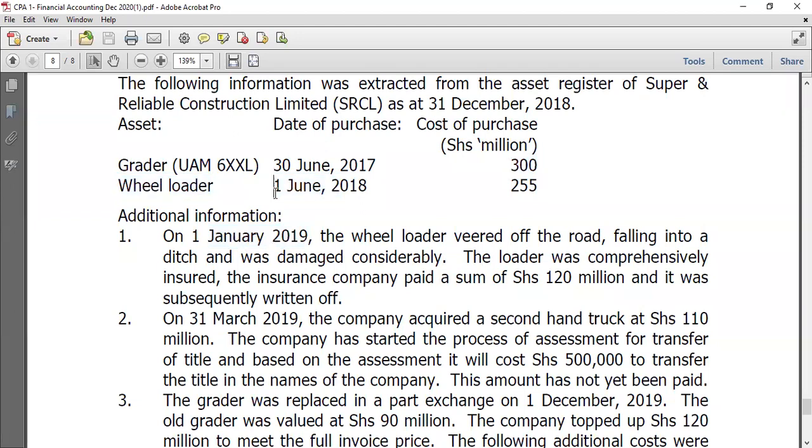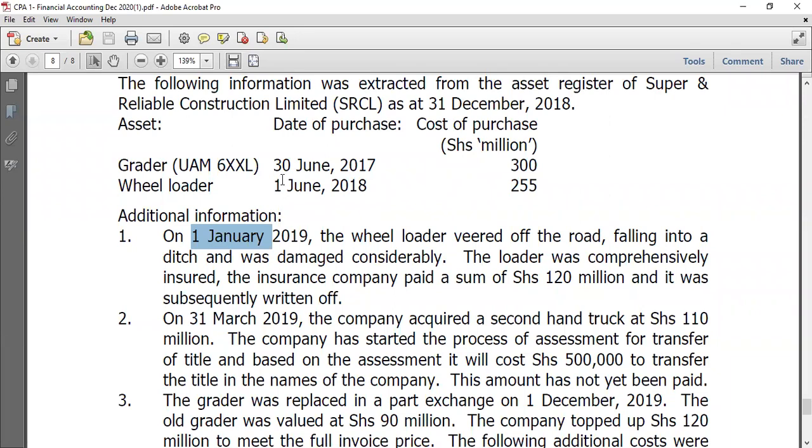Remember, it was bought on 1st June 2018, and the financial year end for this company is 31st December 2018. So from 1st June 2018 to the end of the year, 31st December 2018, which is the same thing as 1st January 2019. There's no difference between 1st January 2019 and 31st December. It's just a night away, okay? So it's the same period for you to consider.